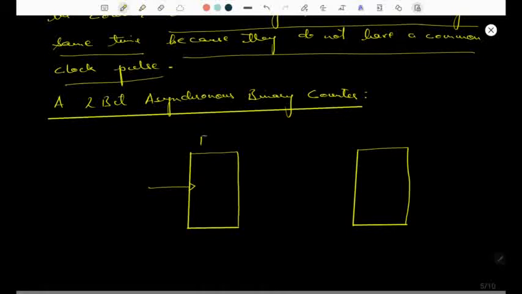Let us consider this FF0, and this should be considered as flip-flop 1. These are the two flip-flops. Since we have considered this as 0 and this as 1, the outputs should be Q0 and Q1, and the outputs coming out here should be Q0 bar and Q1 bar.